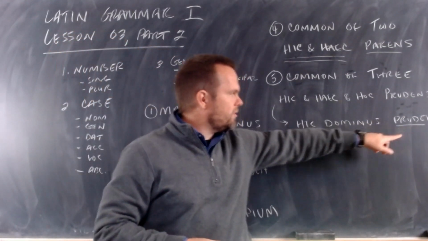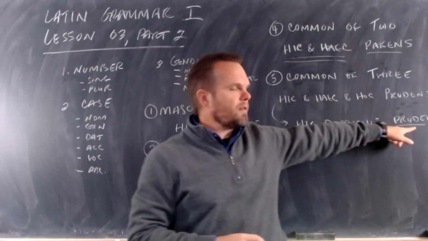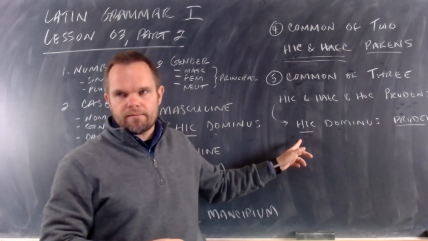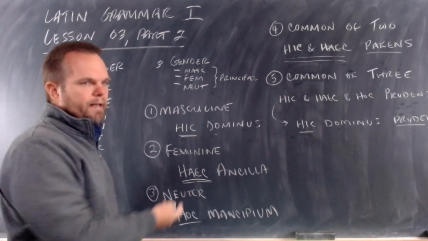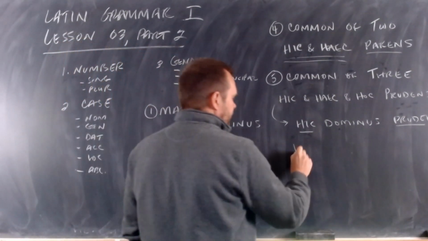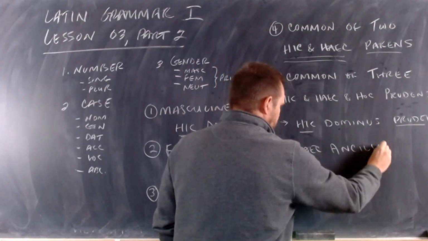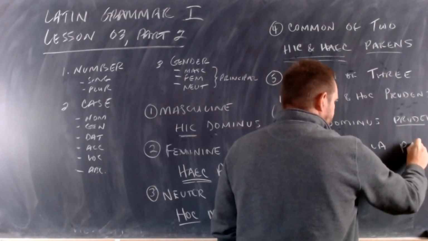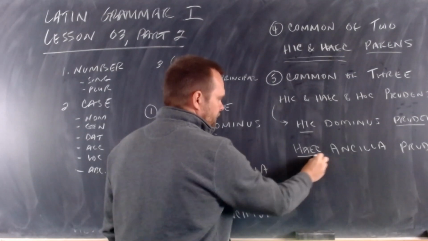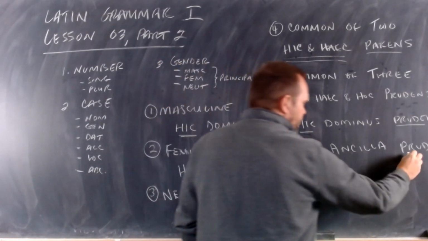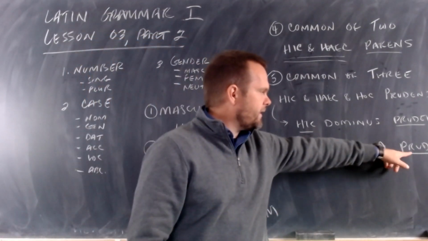If prudens is used with a masculine substantive and a masculine pronoun, that means that the Romans thought prudens here was masculine. But if we wanted to say the wise handmaiden or servant, we would say hic ancilla, same word, prudens. So since the feminine pronoun is set before this noun, prudens, that would mean prudens here is feminine.